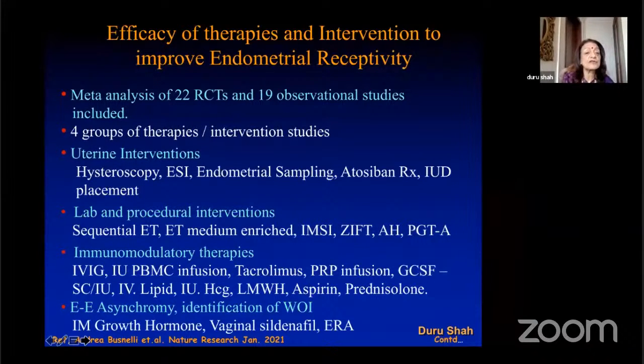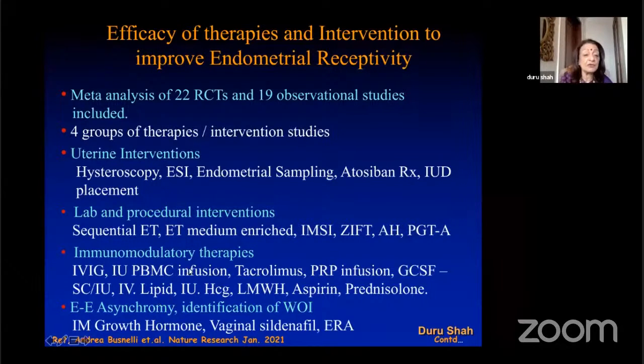The first group was uterine intervention, where they looked at, when hysteroscopy has been done, endometrial scratching is done, endometrial sampling is done, where atosiban treatment is given to reduce the amount of endometrial contractions during embryo transfer. And of course, they also did the lab and procedural interventions like a sequential embryo transfer, medium enriched embryo transfer, IMSI, ZIFT, assisted hatching, PGTA.